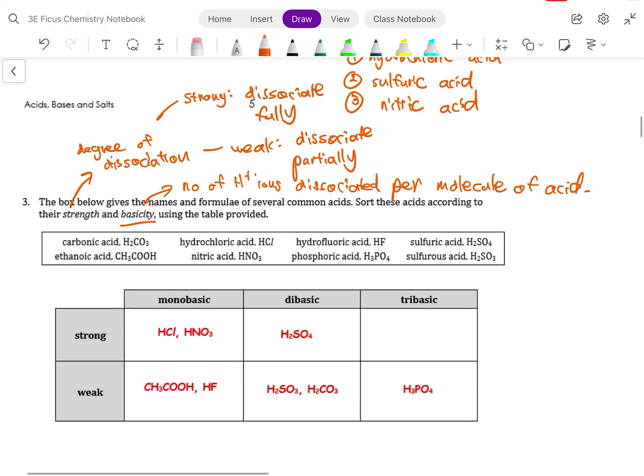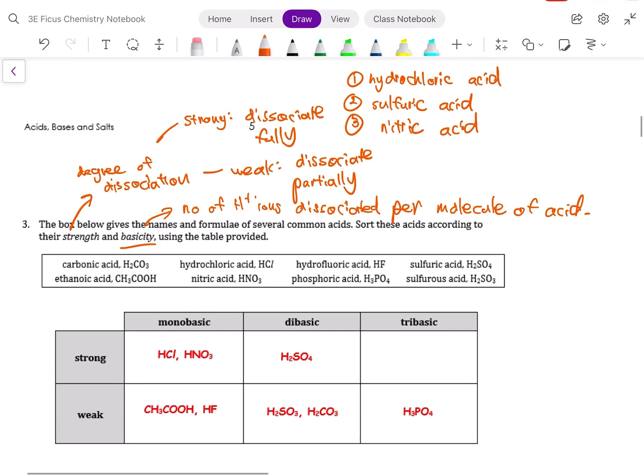So the strong monobasic ones are your HCl and HNO3, nitric acid. Sulfuric acid is your dibasic strong acid. So sulfuric acid, hydrochloric and nitric acid, the strong ones are quite standard. The rest are all the weak ones.